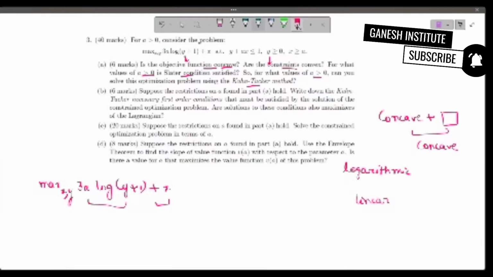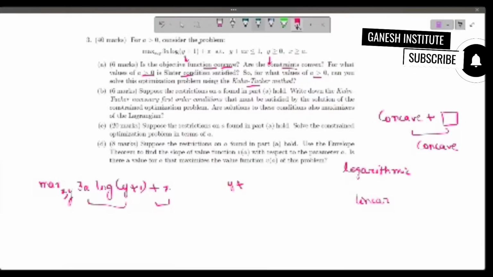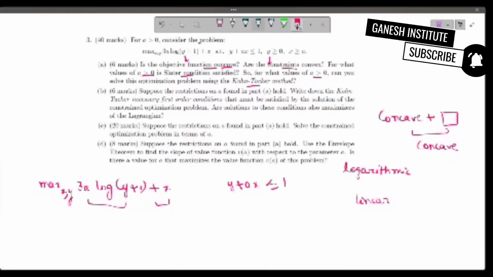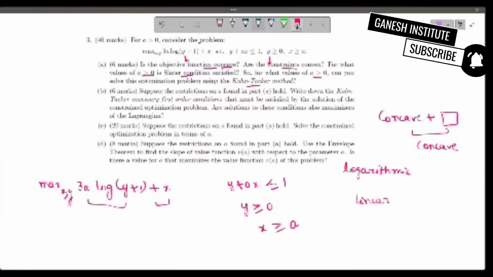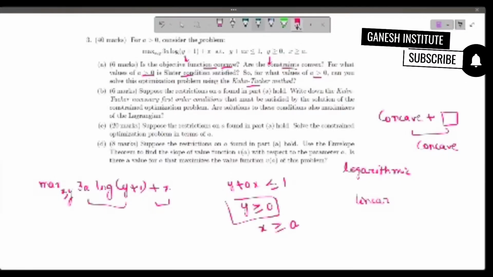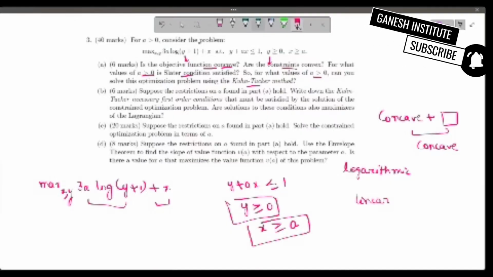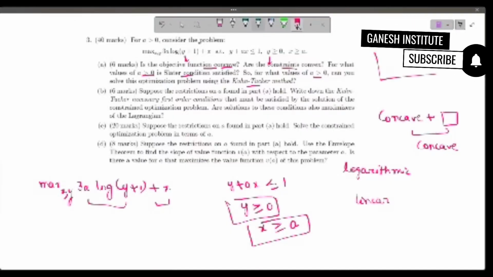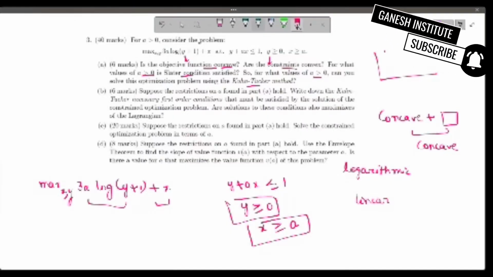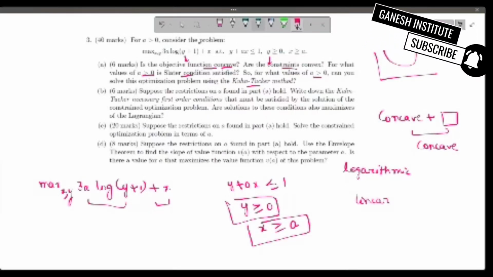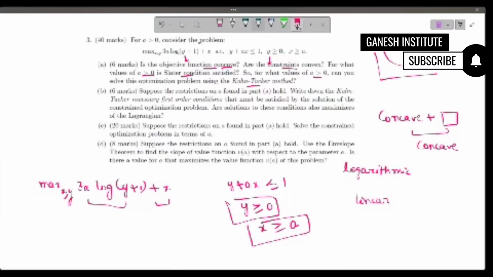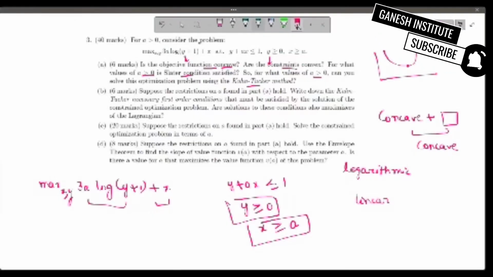Okay, so we need to check the constraints. We have y plus ax less than or equal to 1, y greater than or equal to 0, and x greater than or equal to a. Now see, whenever you have a convex function, an upward function, you have the minima as a vertex.